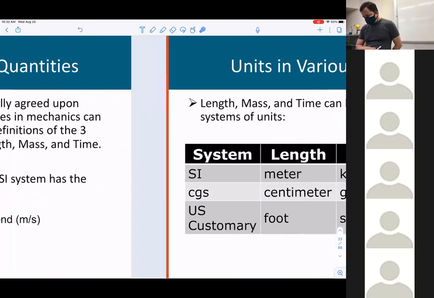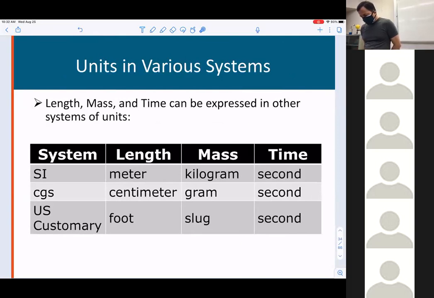Let's see. Units. Okay. So this was the SI system of units that we talked about. Length is in meters, mass is in kilograms, time is in seconds. And once you have this, then you can build any other crazy system of units you want, because that'll be in relation to the SI system of units.